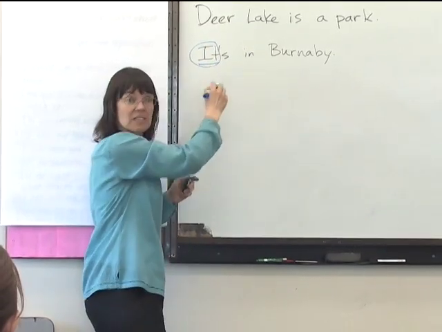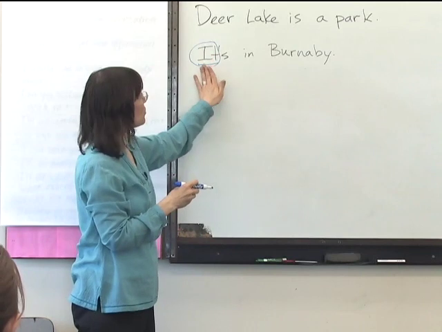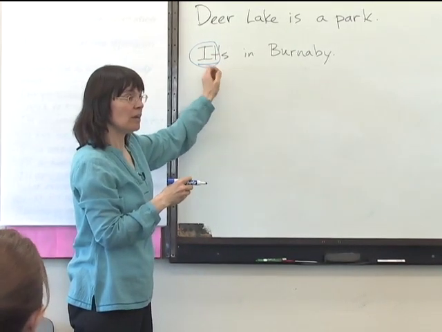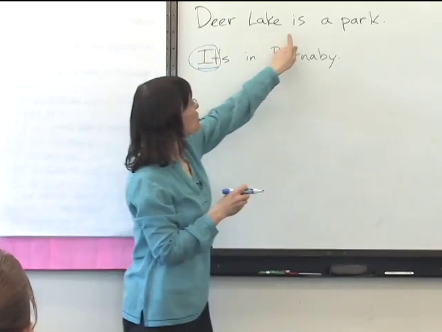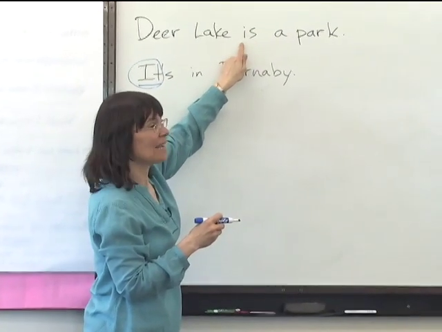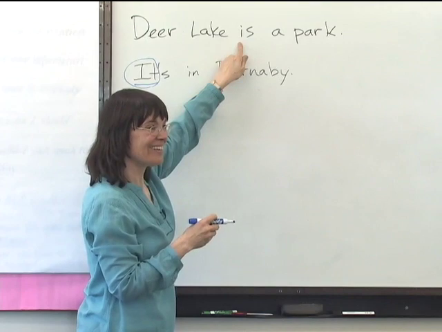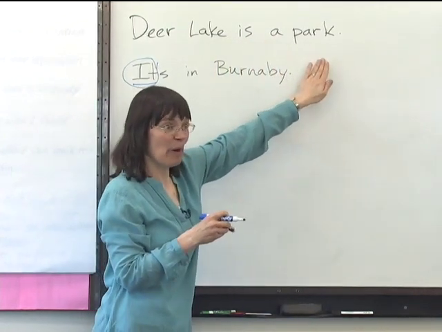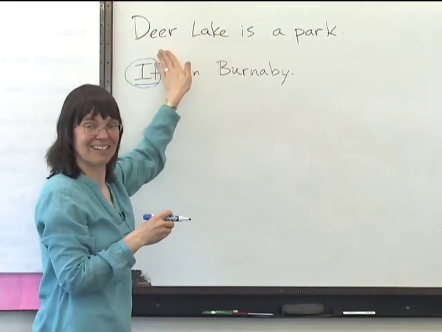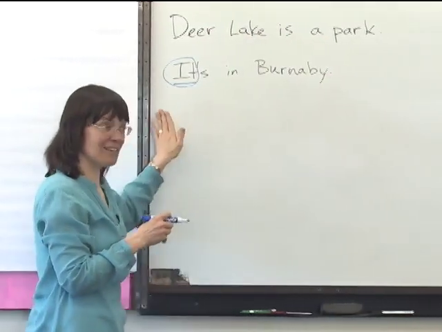Okay, it's the subject of this sentence, that's right. So subject, verb, and it replaces Deer Lake. But in this sentence we say Deer Lake is a park. So that means Deer Lake and park are the same. And it, that's right.